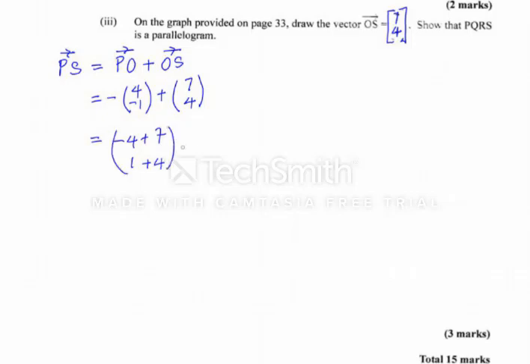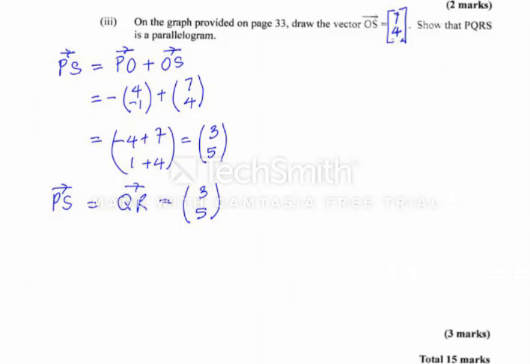It means therefore that PS is (3, 5). Therefore, PS is equal to QR, and they're both equal to (3, 5). So if PS and QR are equal vectors, two vectors are equal if they have the same magnitude and the same direction.